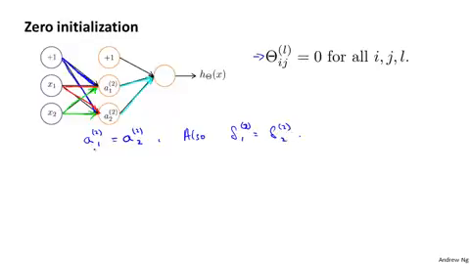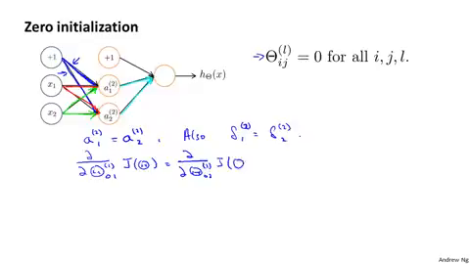And if you work through the math further, what you can show is that the partial derivatives of the cost function with respect to your parameters will satisfy the following: the derivatives with respect to these two blue weights in your network are going to be equal to each other.